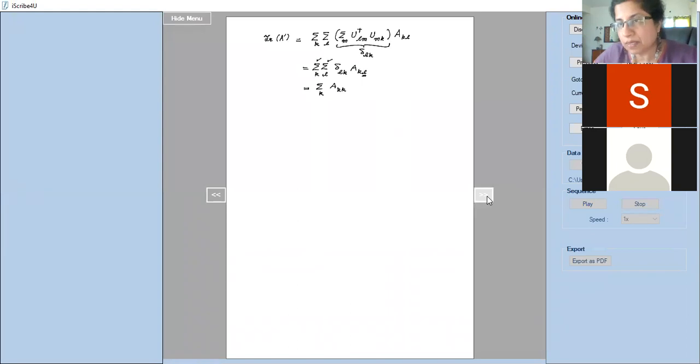What is this now? This is a summation of those elements of A where row number is equal to column number.